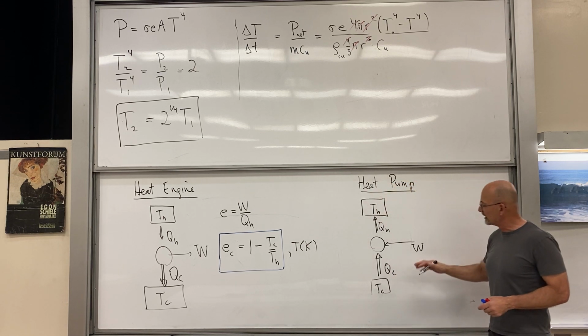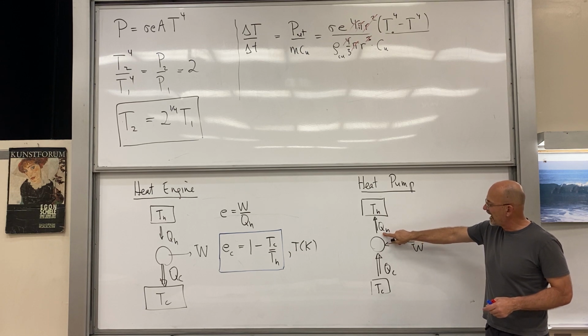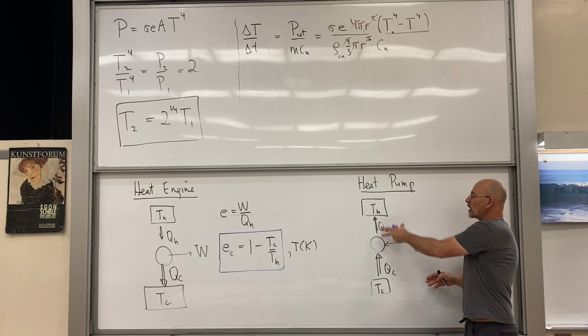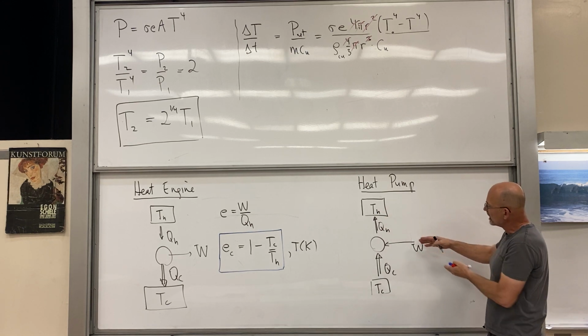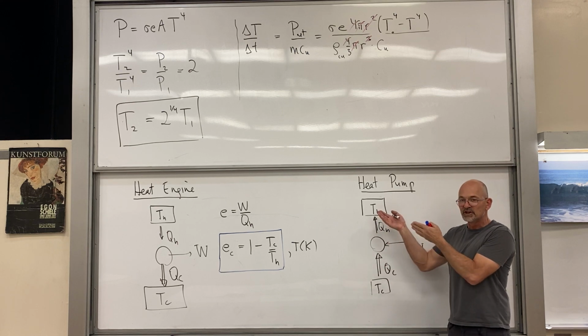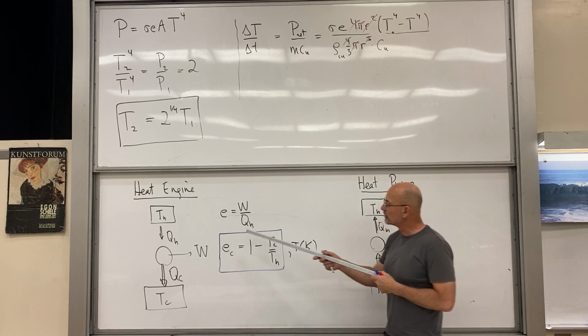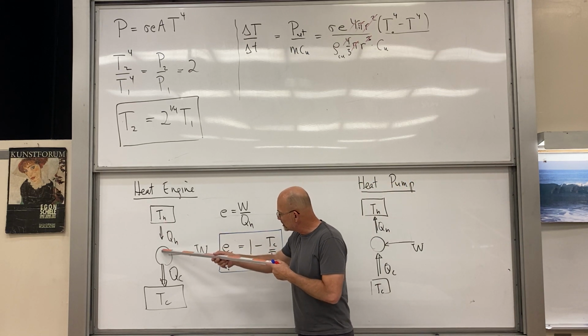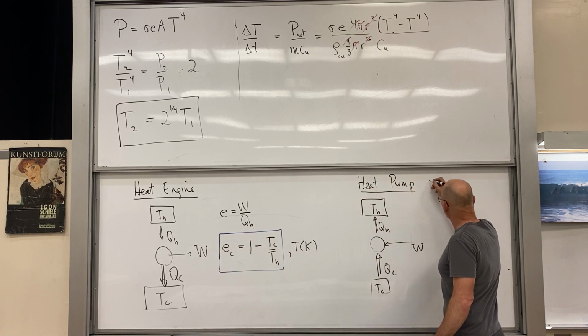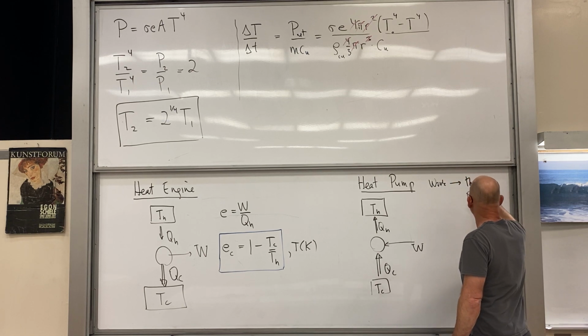The goal is to get this QH, some thermal energy that you want to use. So you're putting in work and obtaining thermal energy. Here you're putting in thermal energy and obtaining work. Okay. So heat pump: work and thermal energy.